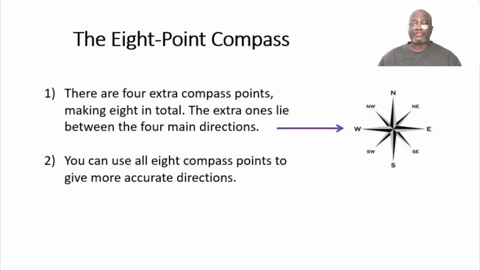Likewise, the direction between east and south is southeast, the direction between south and west is southwest, and the direction between west and north is northwest. You can use all 8 compass points to give more accurate directions.